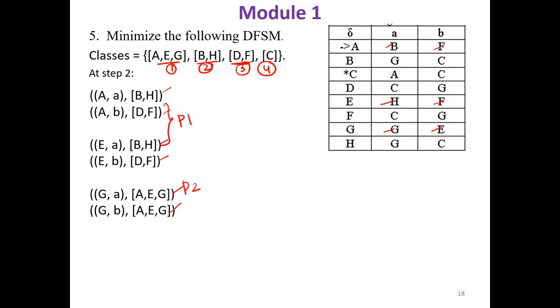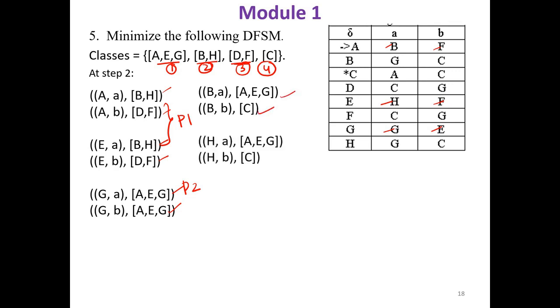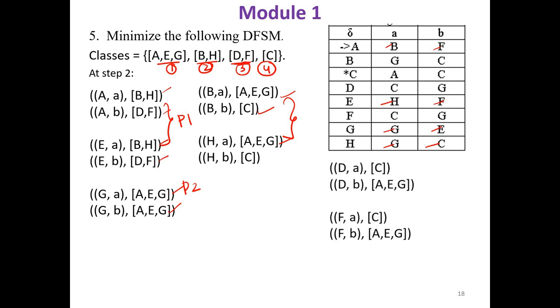So we can split AEG into AE and G. Next, for B and H, BA goes to AEG and BB goes to C. Similarly, HA goes to G, that is AEG, HB goes to C. These two belong to the same pattern, so no need to split BH further. Similarly for D and F, they also share the same pattern, so no need of splitting D and F.